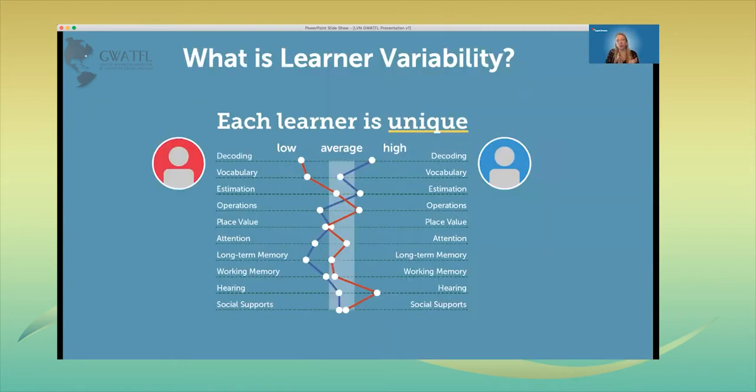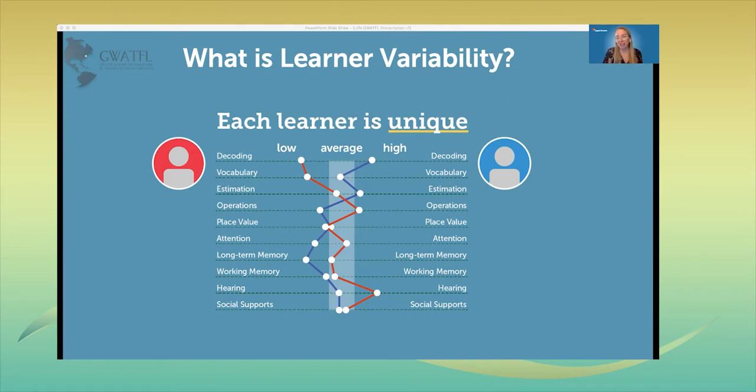All right, so what is learner variability? Learner variability is this understanding that there is no such thing as an average learner. No one can be average in everything, right? We're all going to have strengths, weaknesses across many different factors, and those strengths and weaknesses can vary by context.